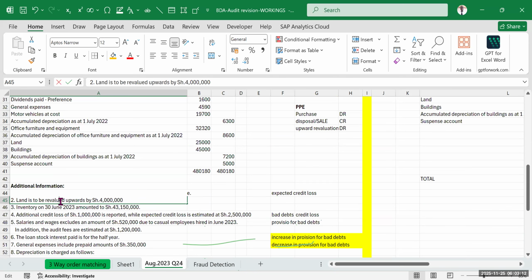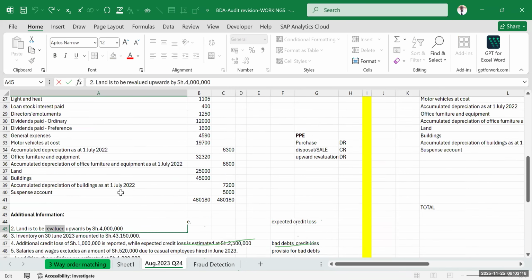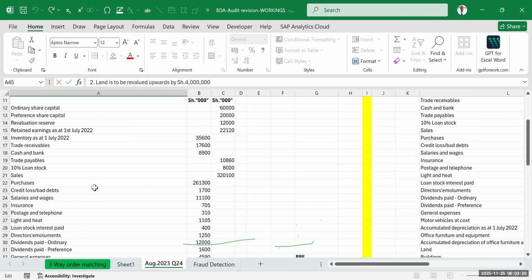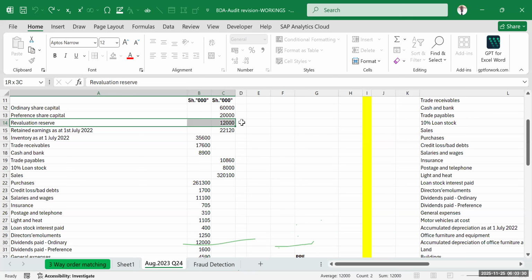It was revaluation. Where do we normally post revaluation? In the revaluation reserve account. Remember, revaluation reserve account is an element of equity. In the statement of changes in equity, we normally post any revaluation adjustments onto it. So we are going to increase this account by adding that value of revaluation.